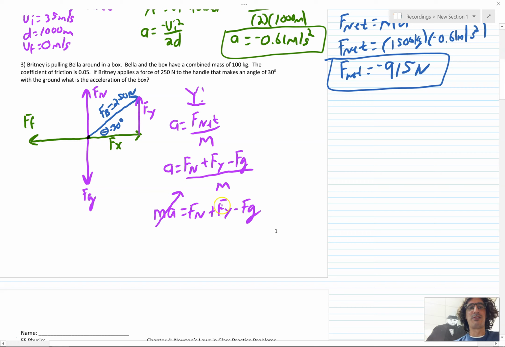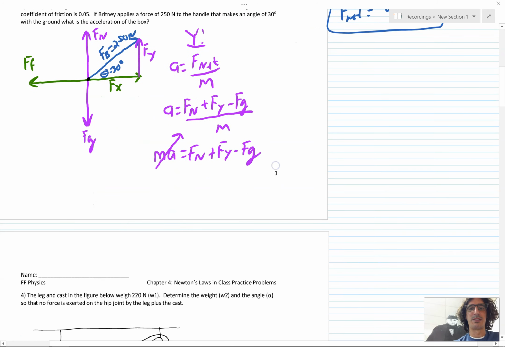We can calculate F sub y because we know the hypotenuse and the angle. We can calculate F of g because we know the mass of Bella in the box and the acceleration due to gravity on Earth. What we don't know is the normal force. So let's isolate that. F of n equals, we'll add f of g to the other side and subtract f of y.